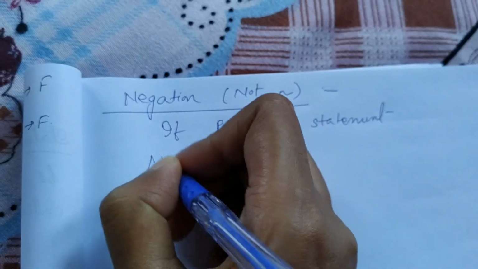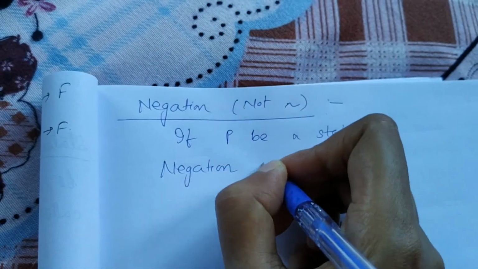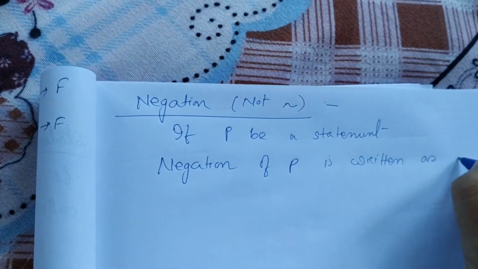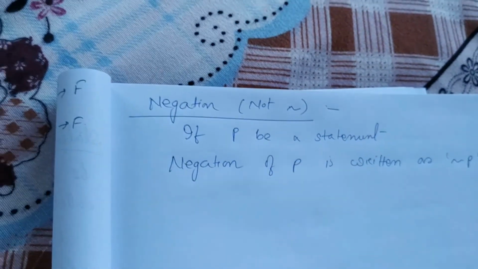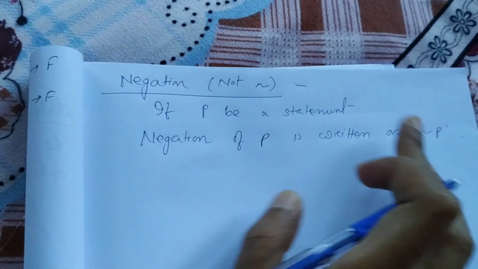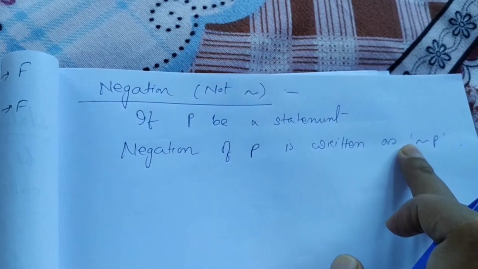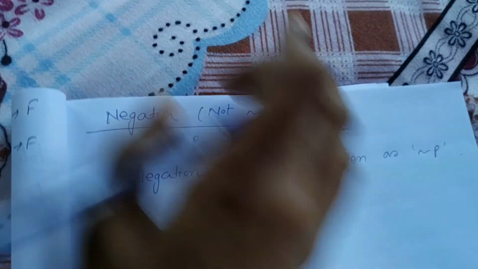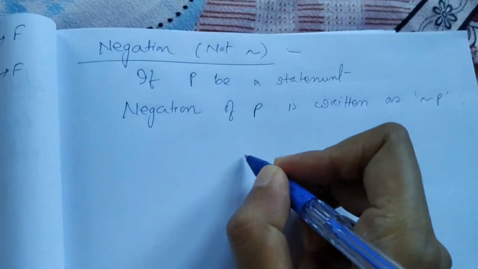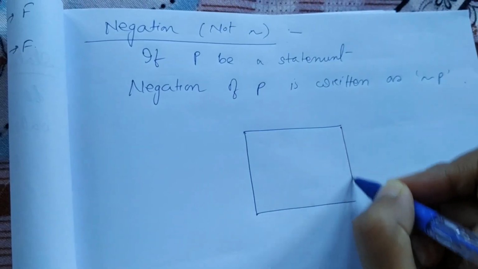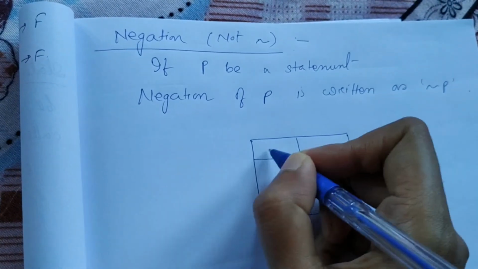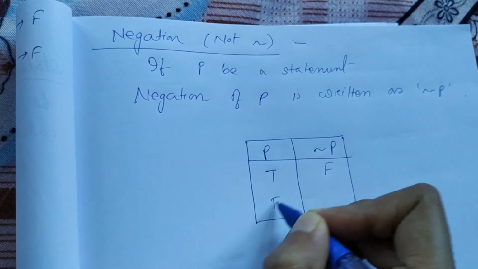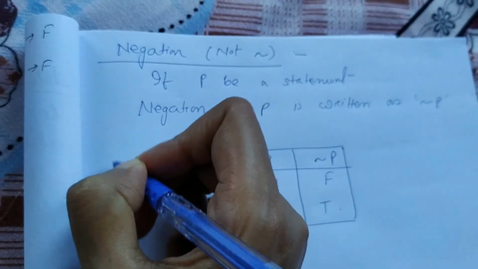The negation of P is written like this. It is just the opposite of P. If P is true, not P will be false. If it is false, it will be true. Like if I draw the truth table, if it is true, it will be false. If it is false, it will be true. As simple as that, the truth table.